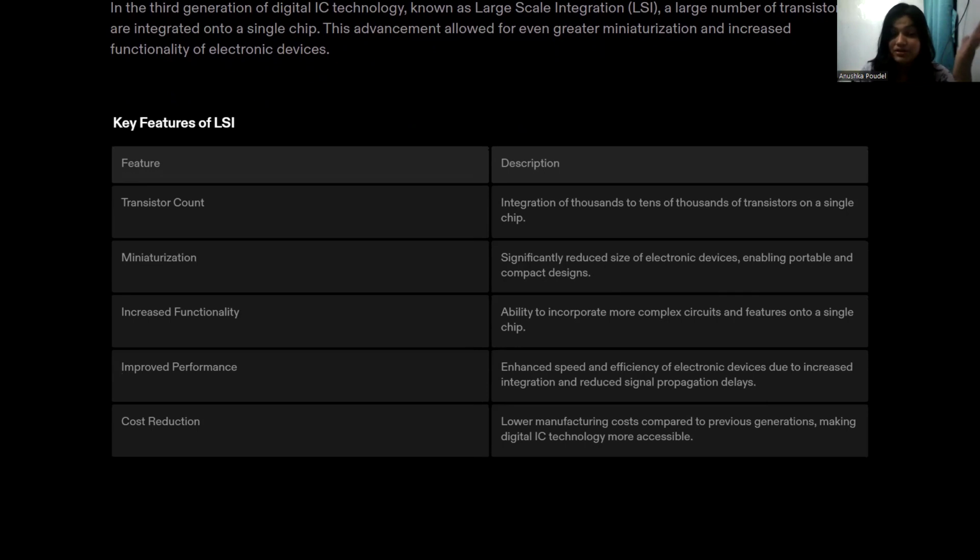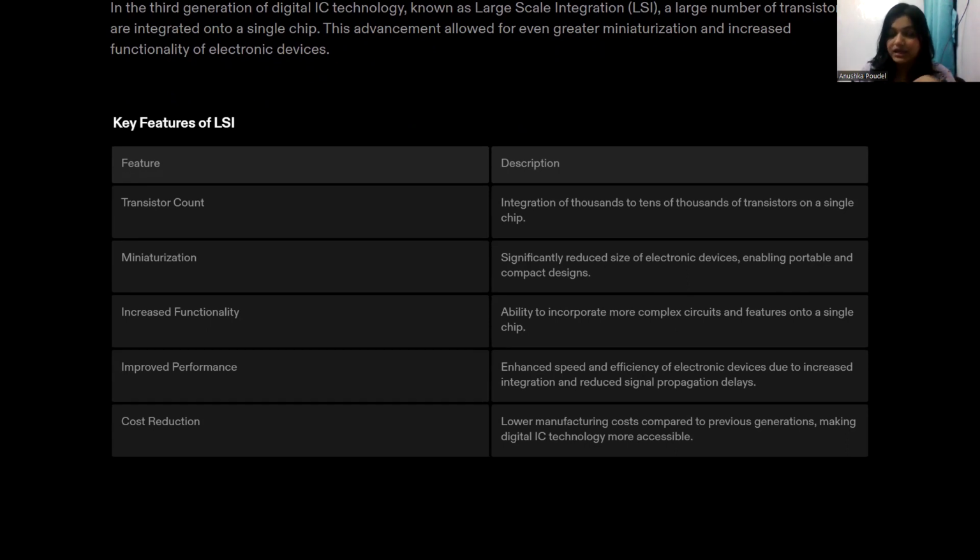First, we're looking at the transistor count: the integration of thousands to tens of thousands of transistors onto a single chip. As the generations advance, the number of transistors on the single silicon chip increases. Miniaturization, again, means minimization: a significantly reduced size of electronic devices, enabling portable and compact designs.